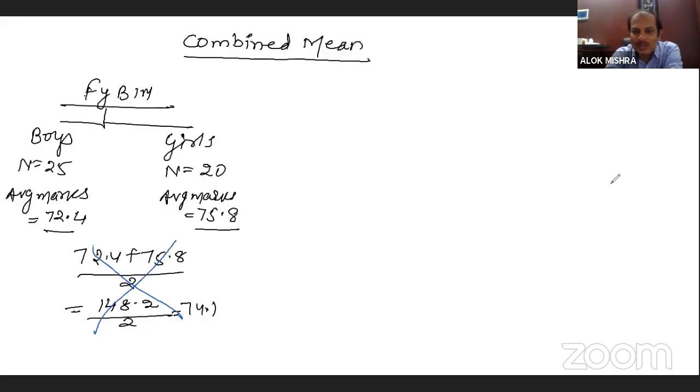If you're losing 1 mark out of 20 marks, the loss is just 5%. And if you're losing 1 mark out of 40 marks, what is the loss? 2.5%.